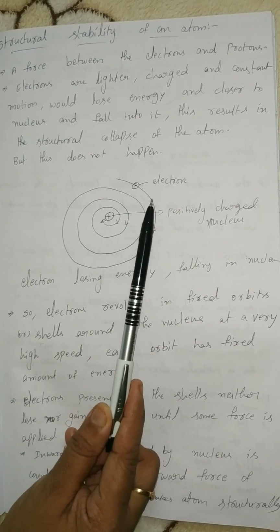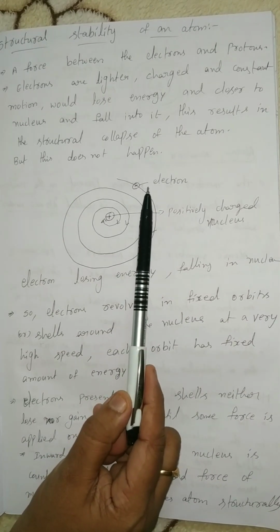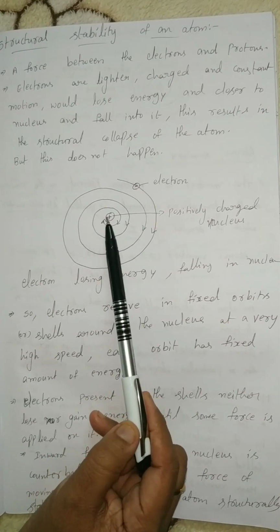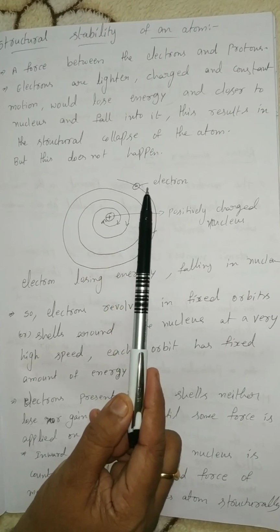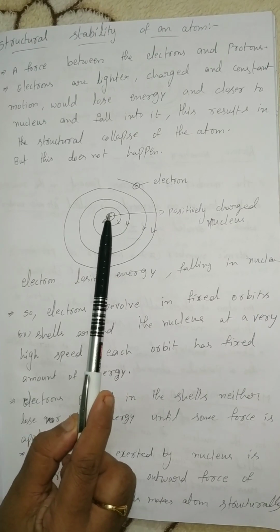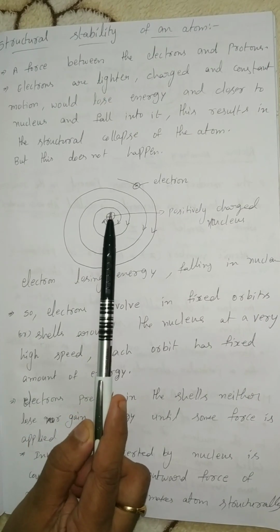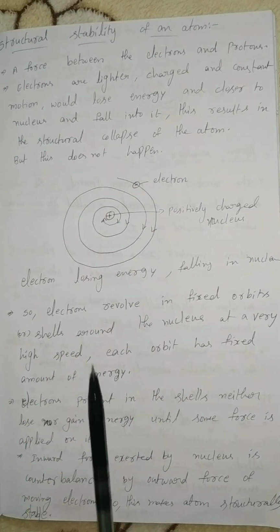Electrons are lighter in comparison to the protons. Electron mass is negligible, but proton mass is high. So if the electrons got closer to the nucleus, they would fall into it and the atom would collapse. But this does not happen.